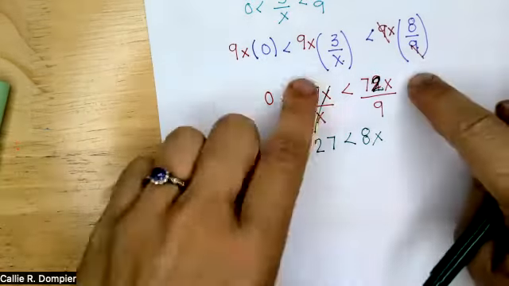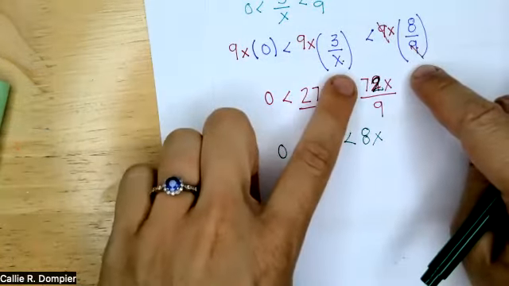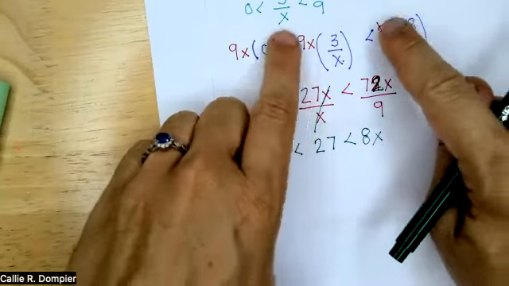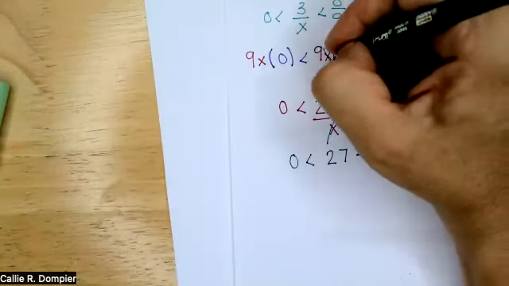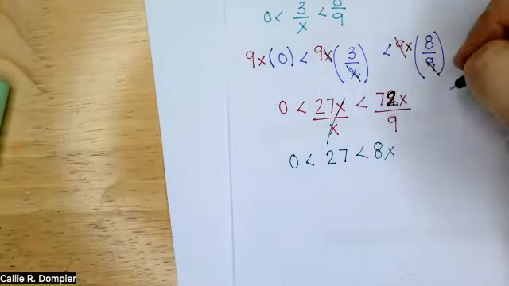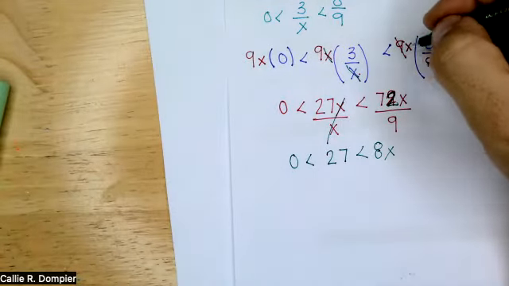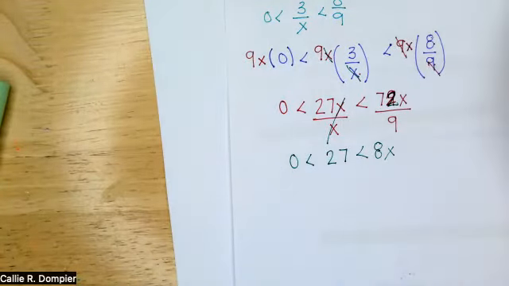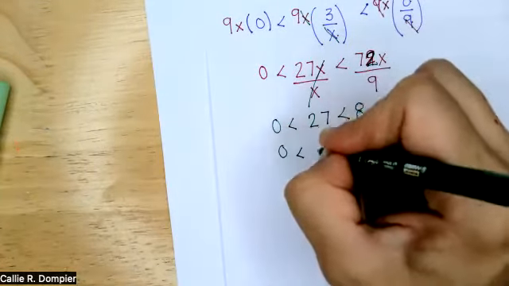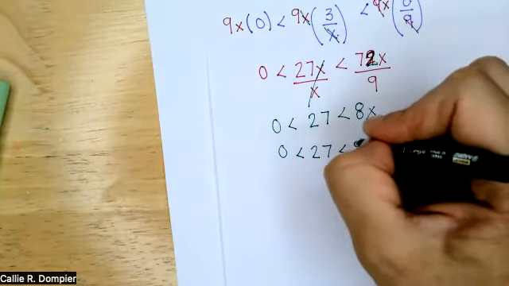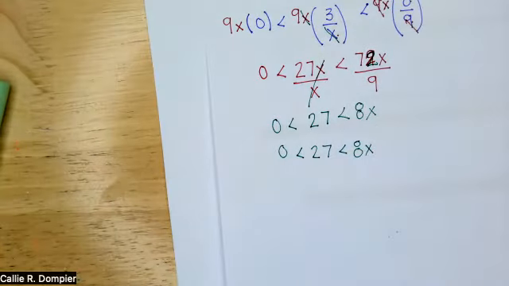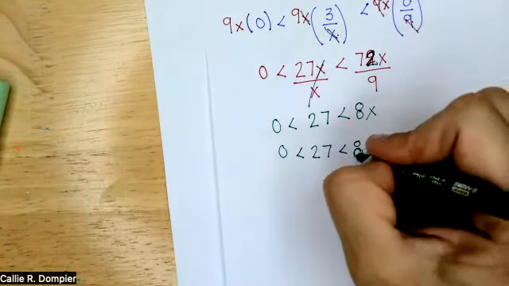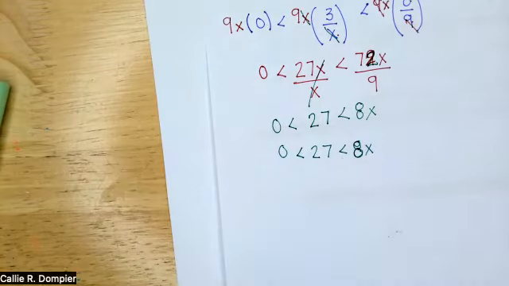So to get rid of those denominators, I found something to multiply to cancel them out. The x canceled the x, 9 times 3 is 27. The 9 canceled the 9, 8 times x is 8x. Good. So I have 0 is less than 27 is less than 8x. Is this true?